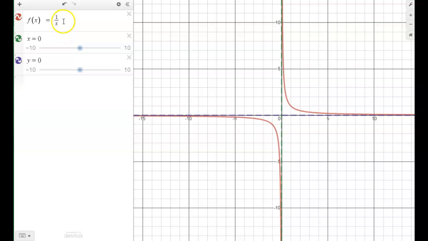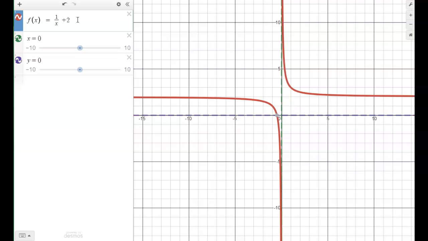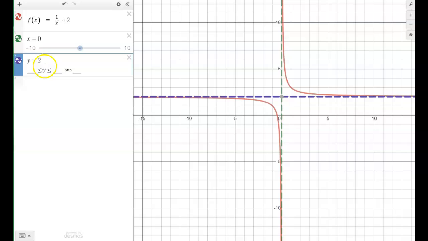Now, as you guys remember, if you ever add a number to your function, what happens to your function? Like, let's say I add 2 to my function. It shifted the graph upwards, right? And now that means that my horizontal asymptote is no longer at 0, but now it's at 2.